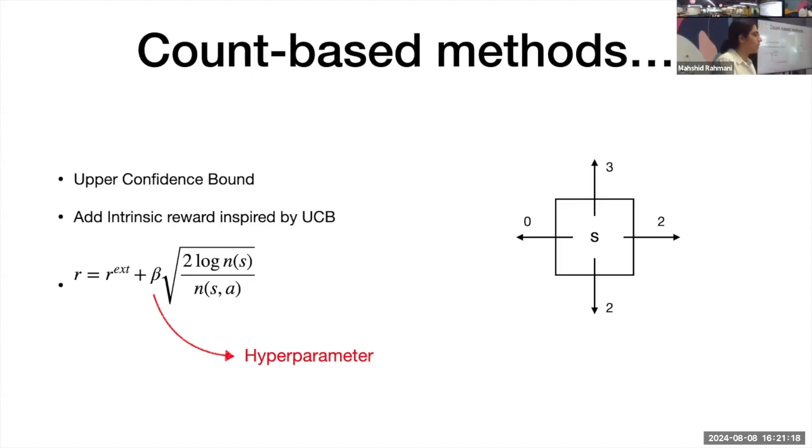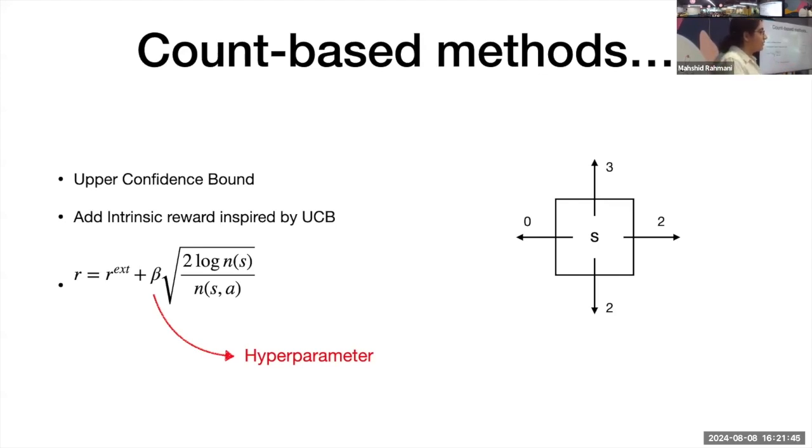And so here we change the reward from the external reward only to external reward plus an intrinsic reward. And as you can see, the intrinsic reward would go down as the number of visitations would go up. There's also a log of state visitation counts in the denominator, which would keep the exploration going for a while.